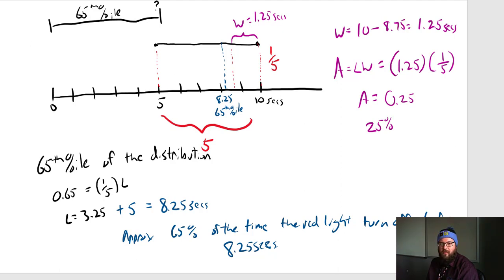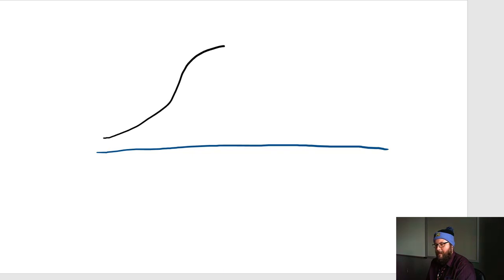Now we're going to talk about real quick as far as normal distribution. So normal distribution is simply our normal curve. Alright, so our normal curve is just a bell-shaped curve. Okay. Normal bell-shaped curve.